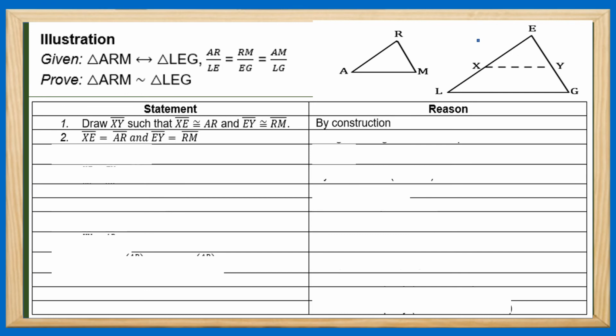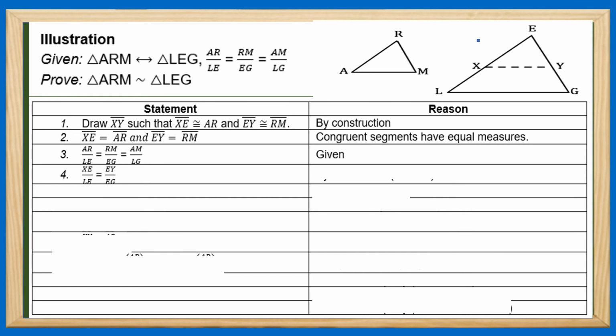Then, segment XE is equal to segment AR and segment EY is equal to segment RM because congruent segments have equal measures. So we have the proportion AR to LE is equal to RM to EG is equal to AM to LG. That is indicated in our given.